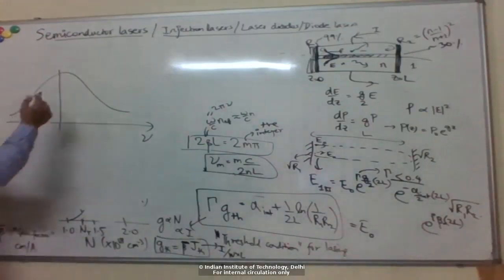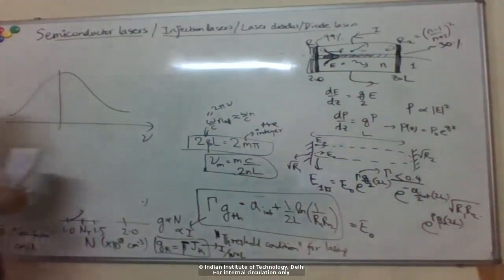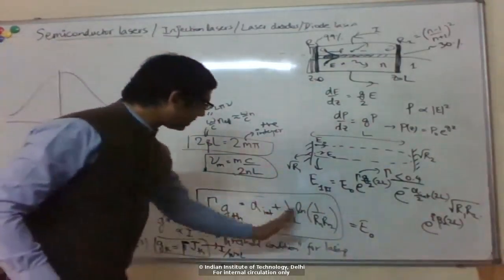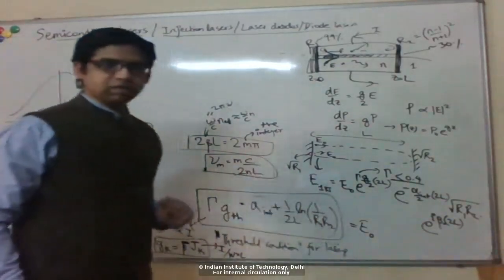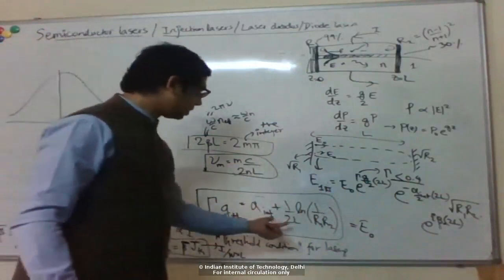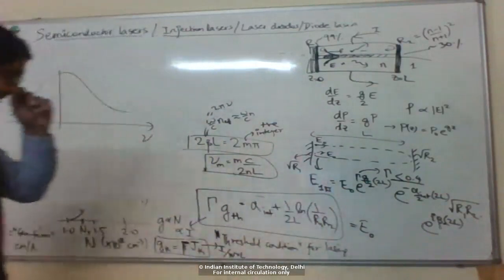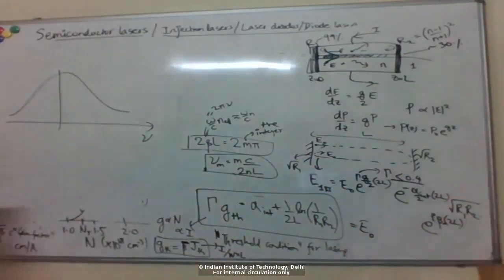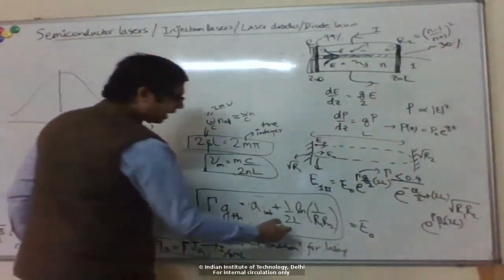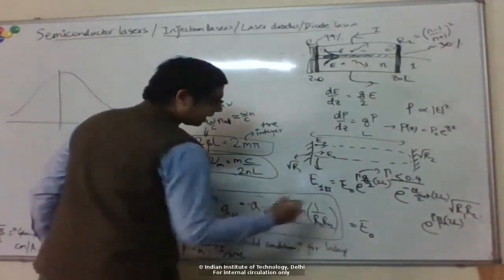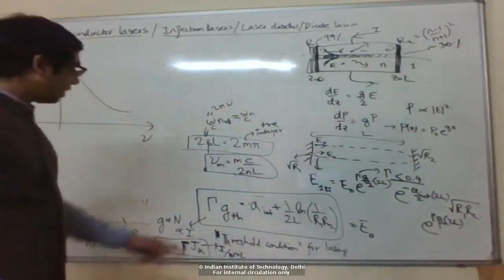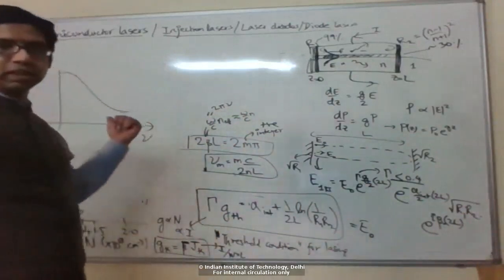So the right hand side here is giving me the total loss of my device, coming from the internal losses and the mirrors. You can see this right hand side is frequency independent. The left hand side is of course dependent on frequency, as we just saw.